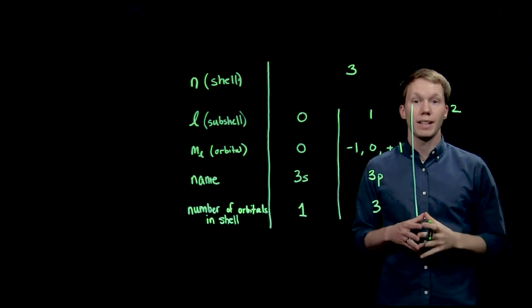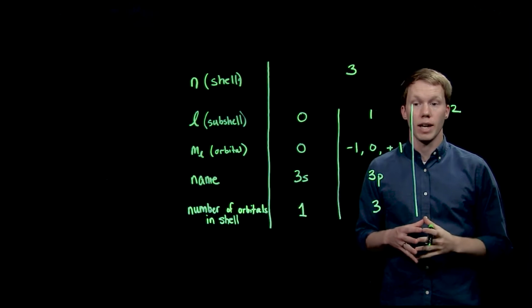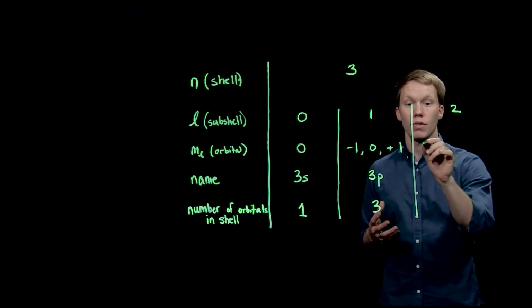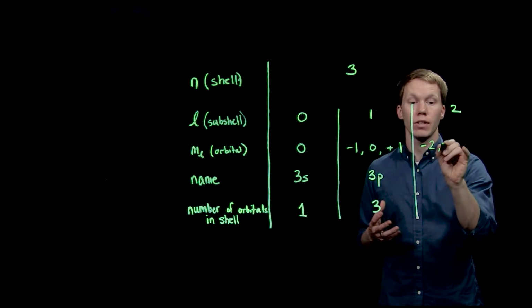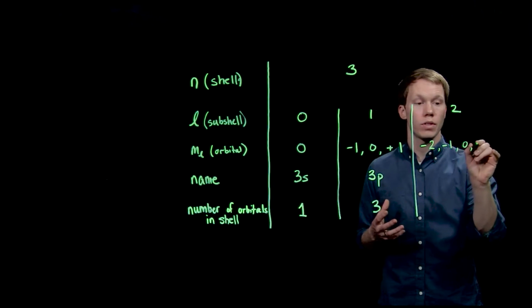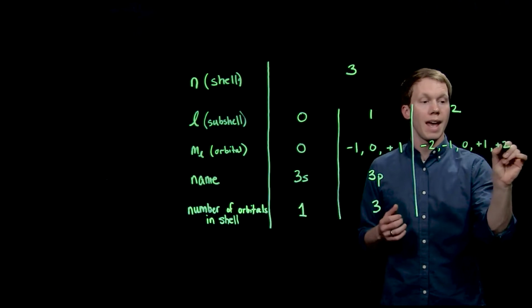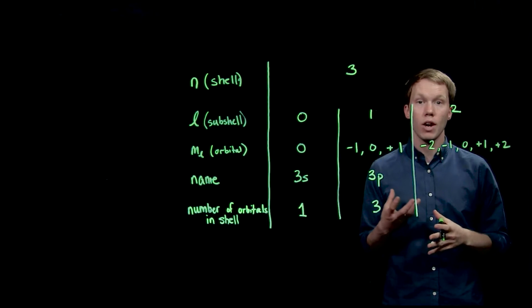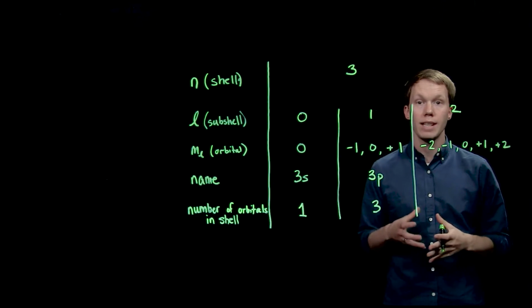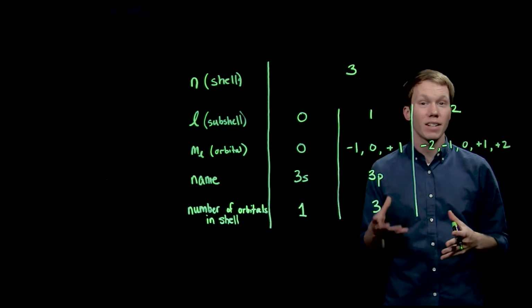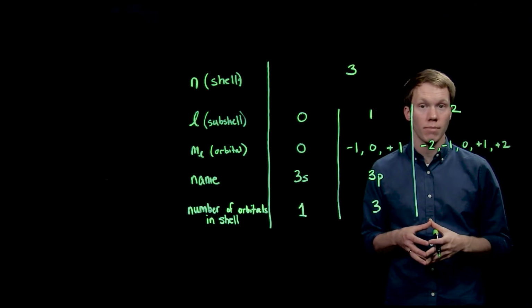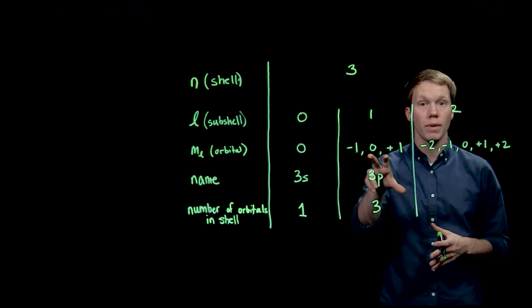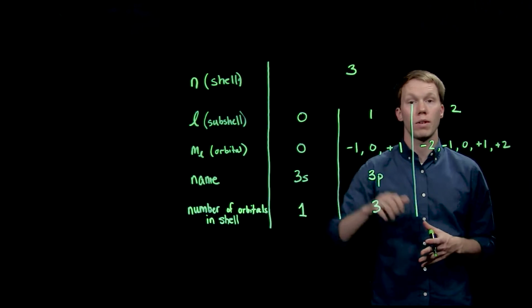When I get up to L equals 2, my d subshell, I have a range starting at minus 2, increasing through to plus 2. And that gives me 5 values for m sub L. So this tells me that there are 5 orbitals in that d subshell. And there will always be 5 orbitals in the d subshell, just like there will always be 3 orbitals in the p subshell and 1 orbital in the s subshell.